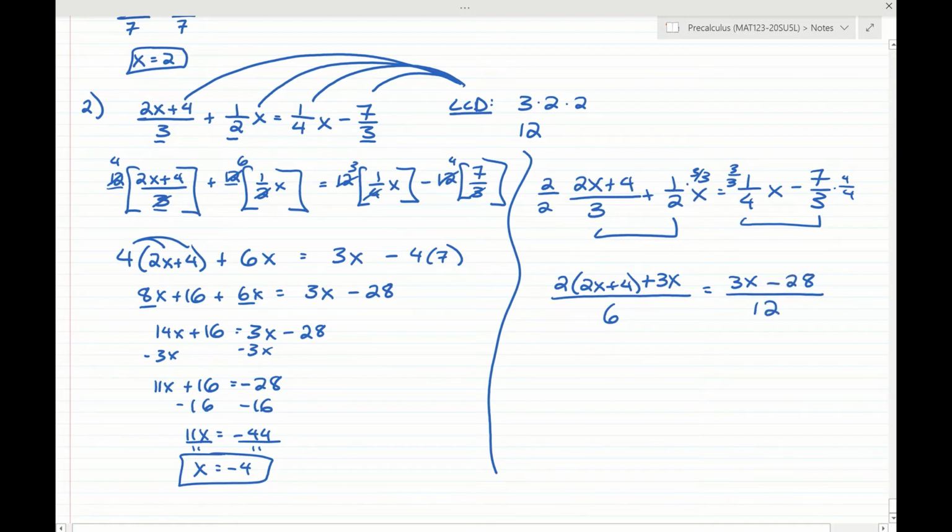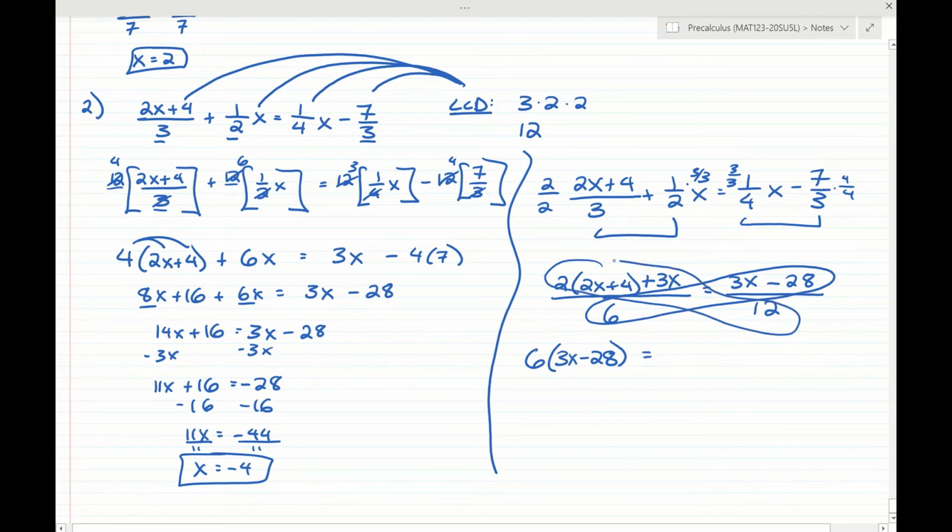So we could put those together. And then cross multiply to finish things up here, just like we are solving a proportion. When we solve a proportion, that's when two fractions are equal to each other. We use cross multiplication. Set that equal to 12 times 2 times 2x plus 4 plus 3x.